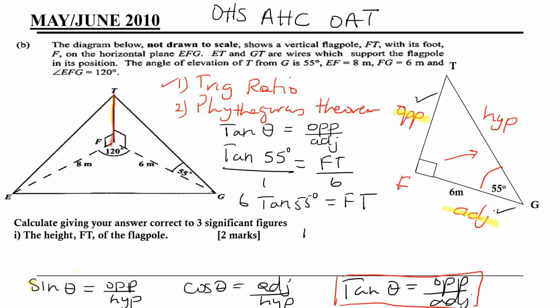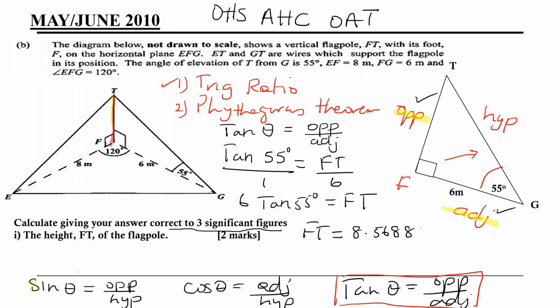Plug that into your calculator, and FT is equal to, now I got 8.568888804. Keep in mind that our answer has to be correct to 3 significant figures. So I'm going to write out everything I got.